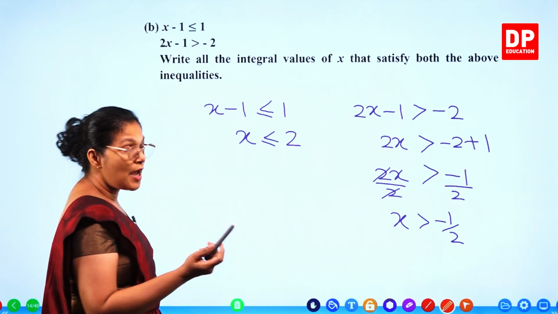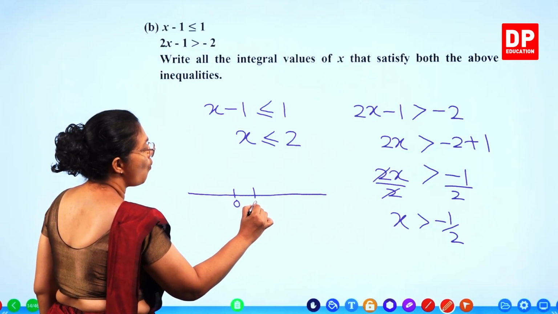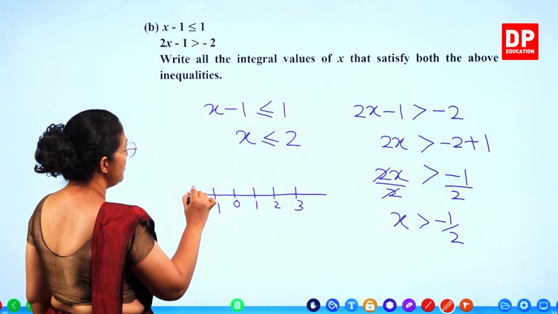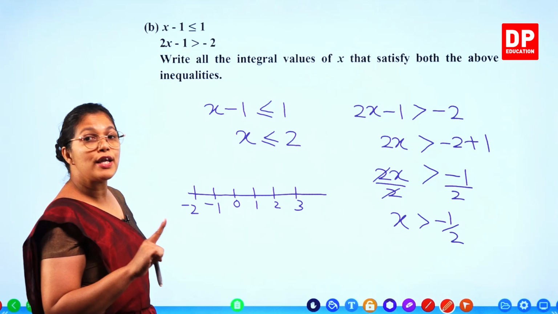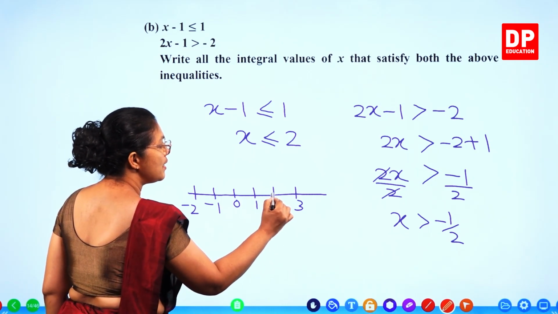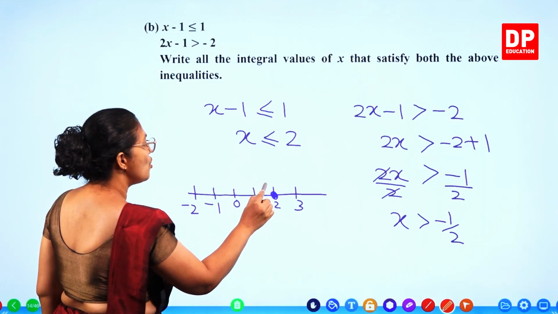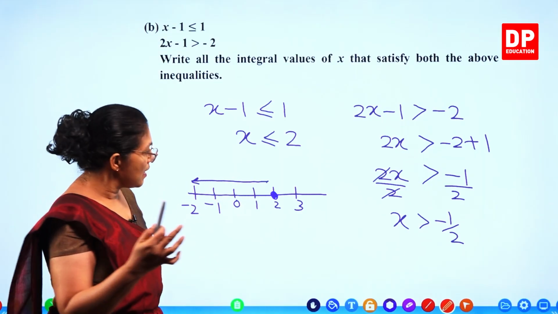Let's draw the number line and see. 0, 1, 2, 3, minus 1, minus 2. And here for the first one, x less than or equal to 2. So 2 is included. So you draw a solid circle. And less than or equal to 2 means to the left. x greater than minus half.